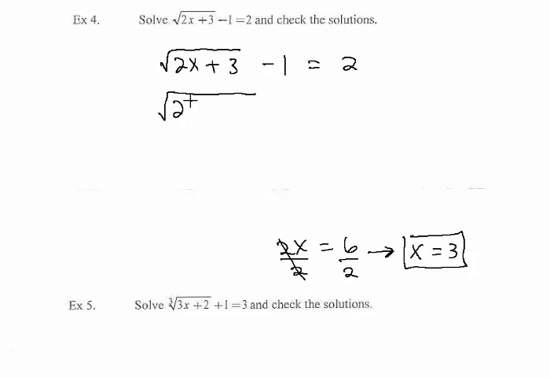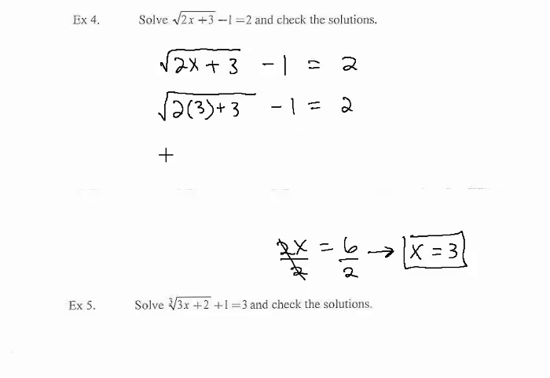We have the square root of 2 times 3 plus 3, minus 1, equals 2. We won't swap things back and forth from one side of the equation to the other. The right side is already worked out for us, so to speak. It's a 2. So as long as we compute this left-hand side, we just want to compare whatever that number is to the right.